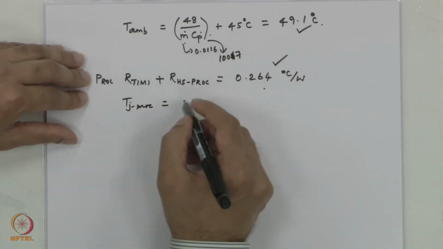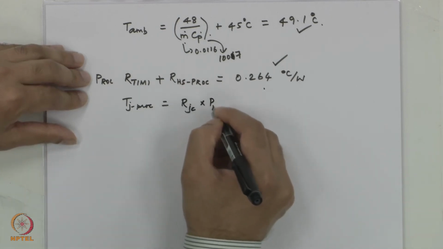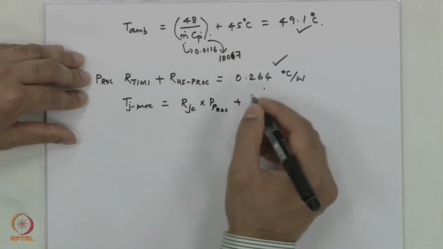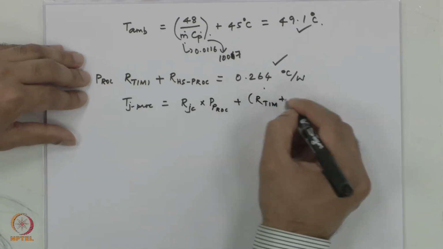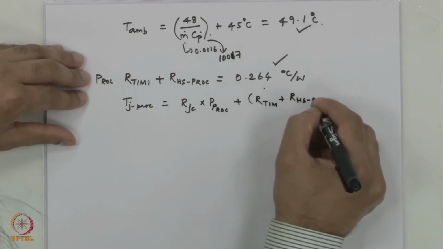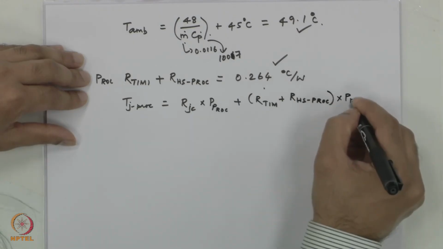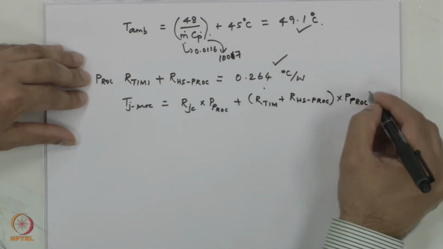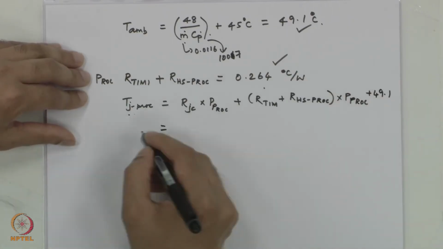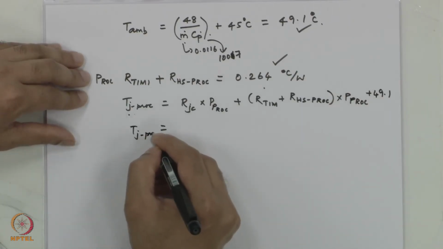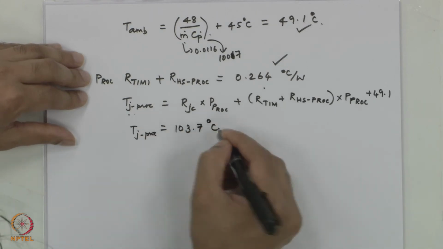We are given RJC, the junction to case resistance, times the power of the processor, plus RTIM, plus RHS, plus 49.1, which will fetch us the junction temperature of the processor. Substituting all these values, which are already supplied, gives us 103.7 degrees Celsius.